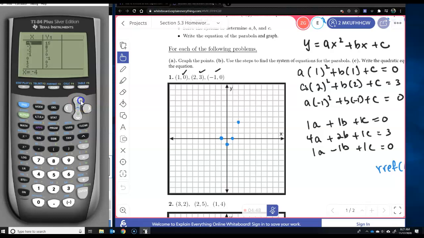So we have negative 3, 8. And then we have negative 2, 3. And then we have 3, 8. And then we connect the points. And there's our parabola.